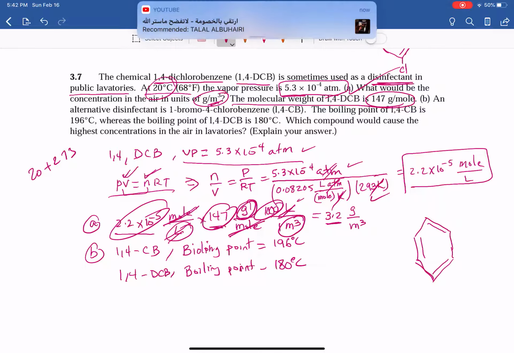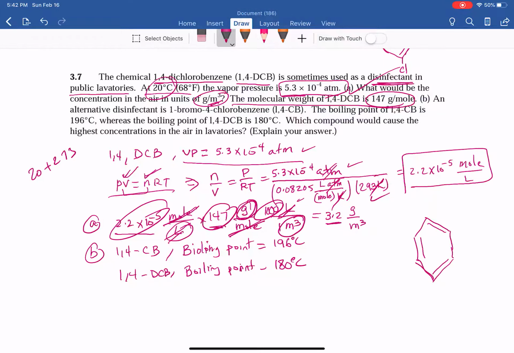And look at this. 1-bromo. So this is 1. So I'm going to have bromine. 1-bromo, 4-chloro. So 1, 2, 3, 4. So here there's chlorine. So 1-bromo, 4-chlorobenzene. That's it. This is it.